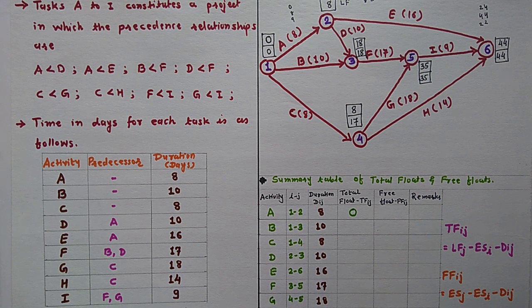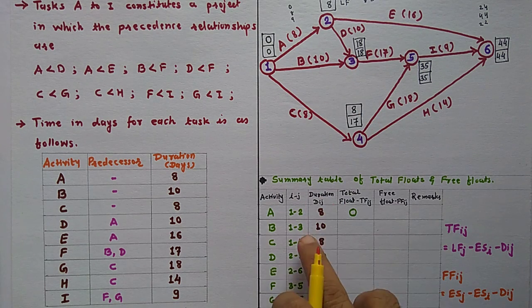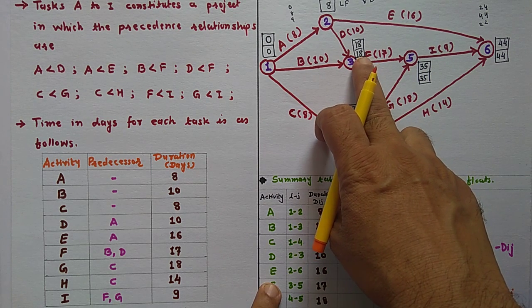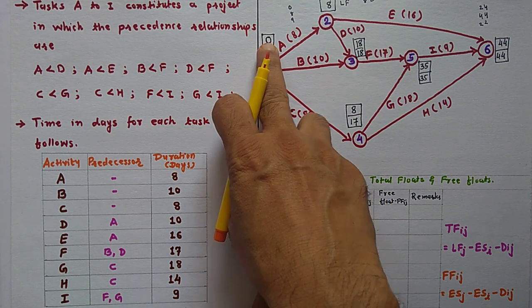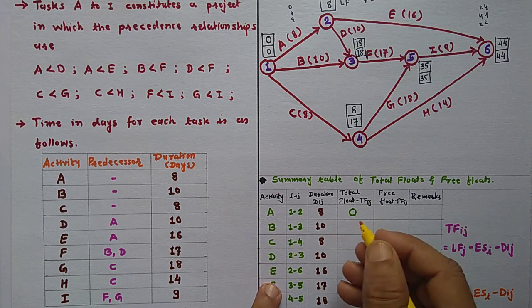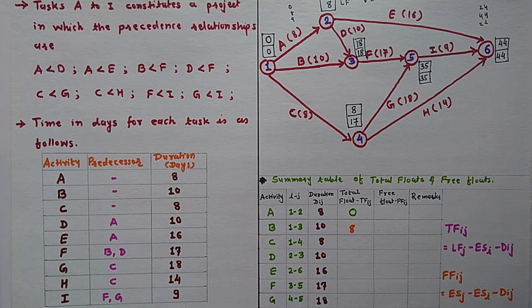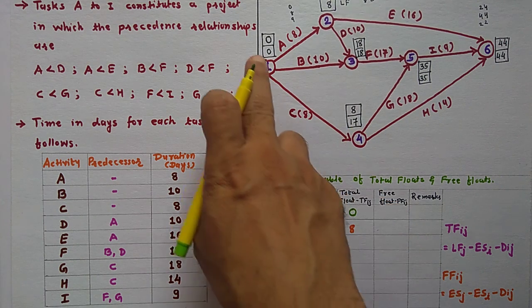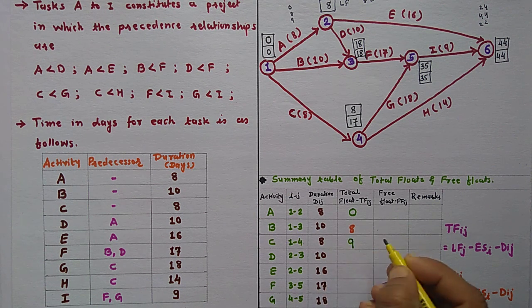Then activity B, 1 to 3: latest finish time of head event 18 minus earliest start time of tail event 0, minus 10, is equal to 8. Then activity C, 1 to 4: 17 minus 0 minus 8 is equal to 9.